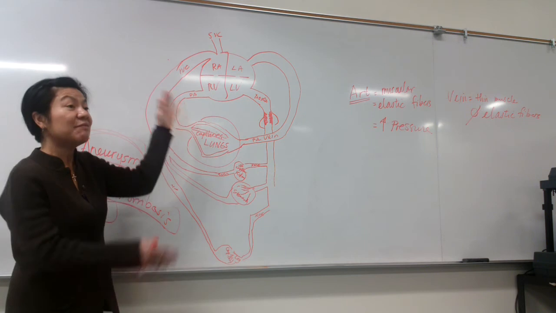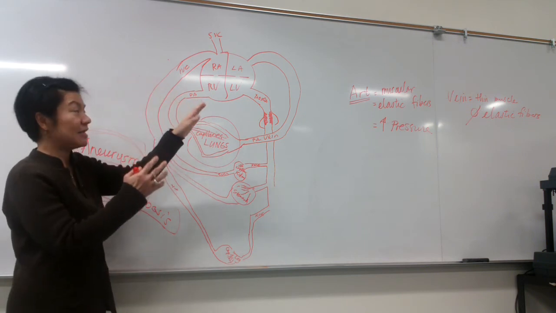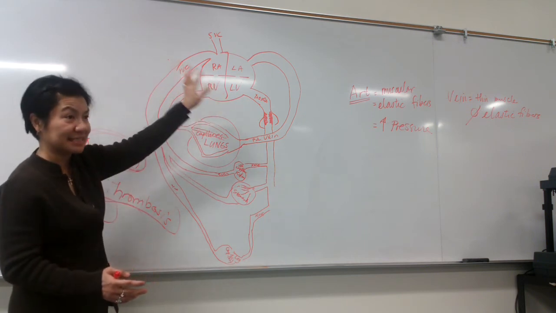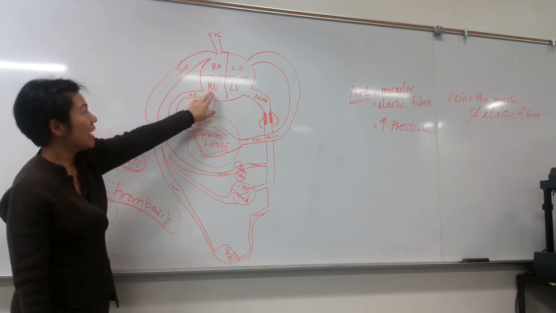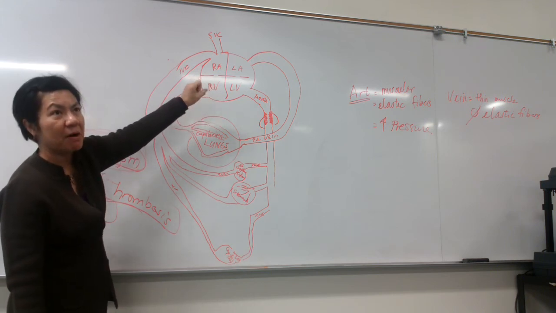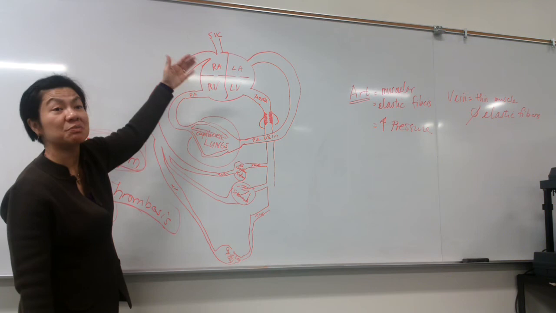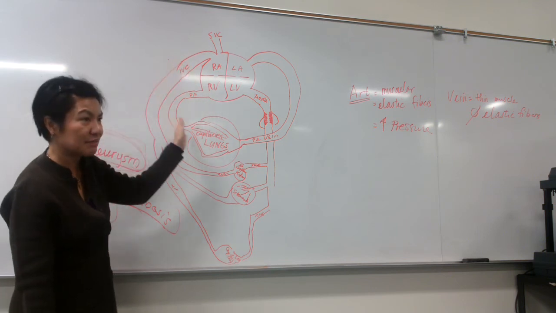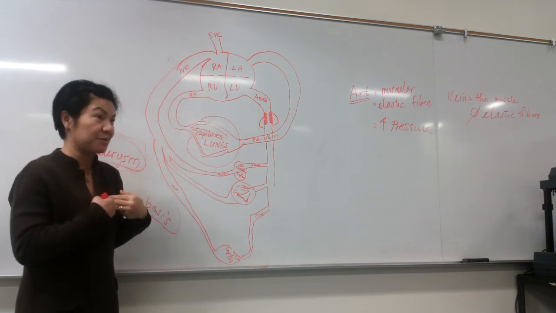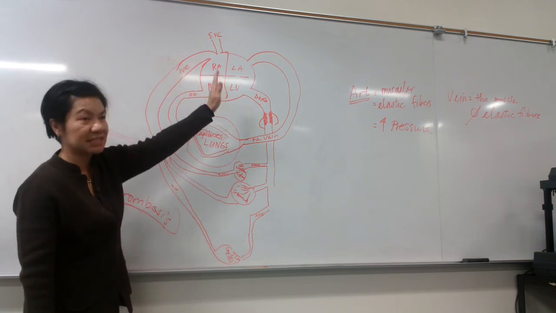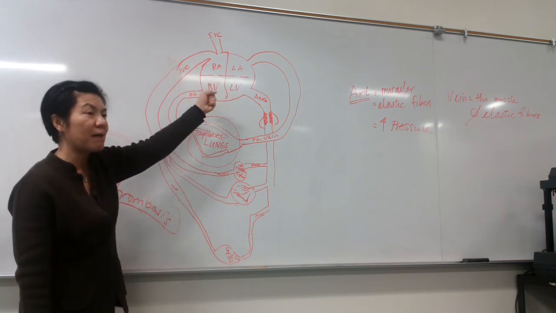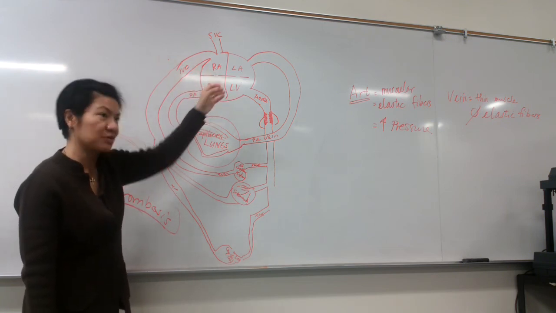Because the right only pumps the blood to the lungs. Even though both of them are pumping the same amount of blood, the right really doesn't use so much pressure. It's so near, they're neighbors. Whereas the left side always has to pump harder, stronger.